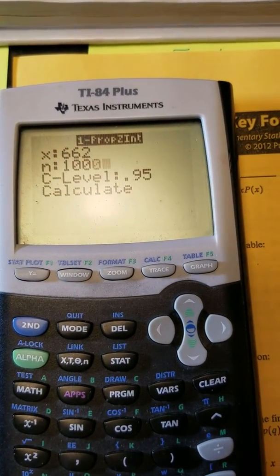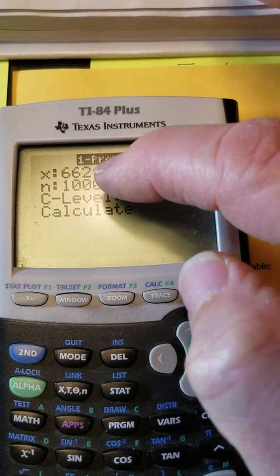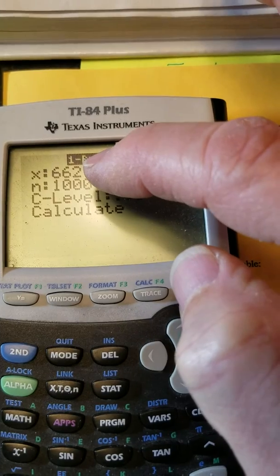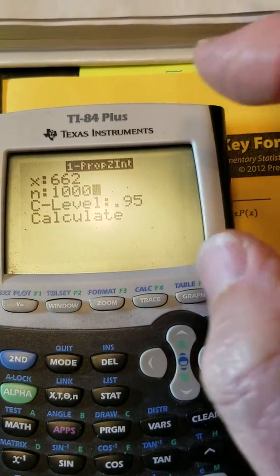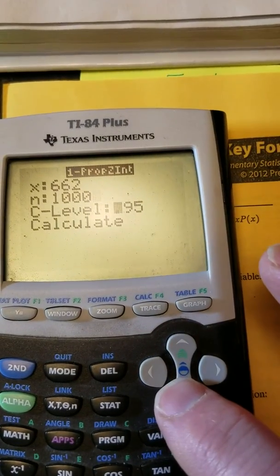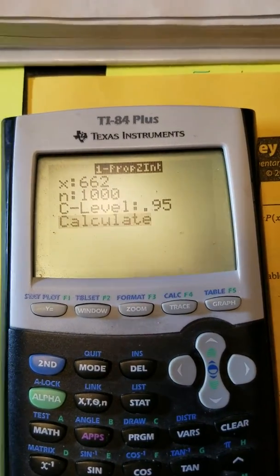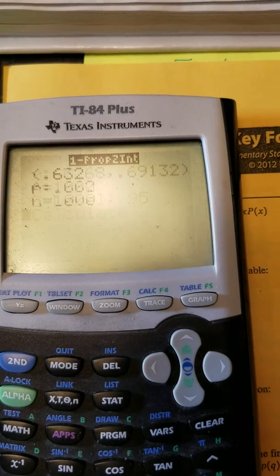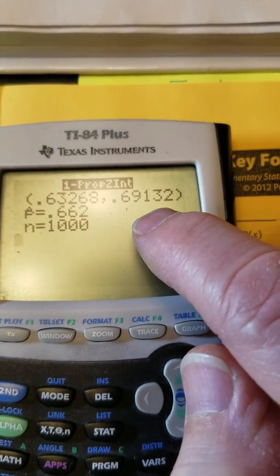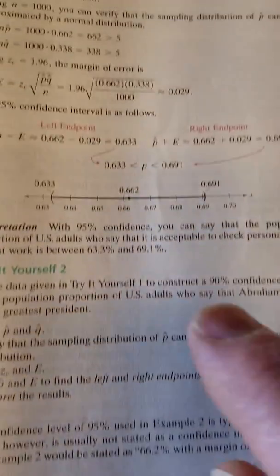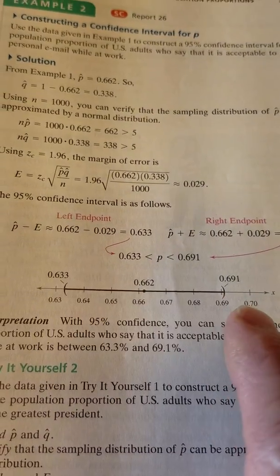Now this one works out really nicely because this number right here is an integer, no decimals. Otherwise it'll give you an error, and we'll have to talk about that. We'll do one more example to talk through that. The confidence level is right, and that's all we have to do. Then when we hit enter, there's the min, there's the max. There's your confidence interval.